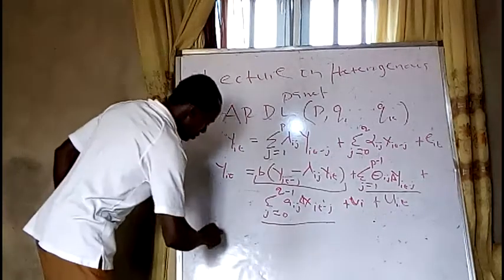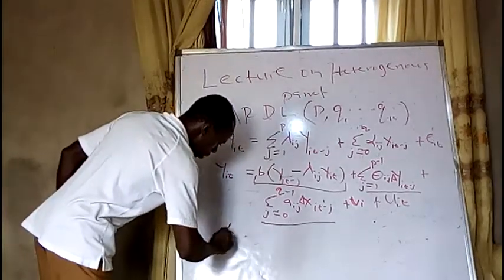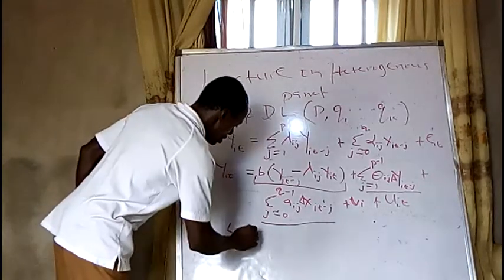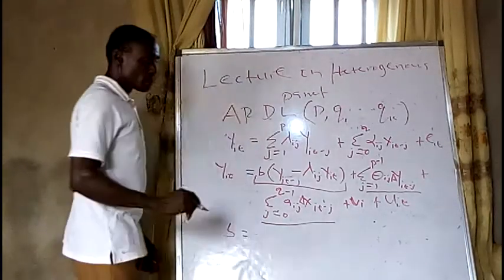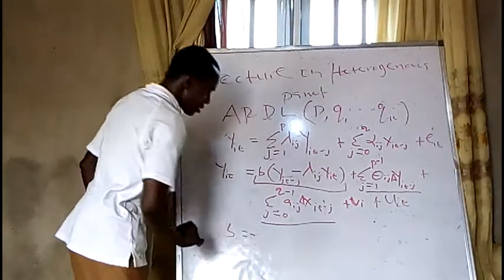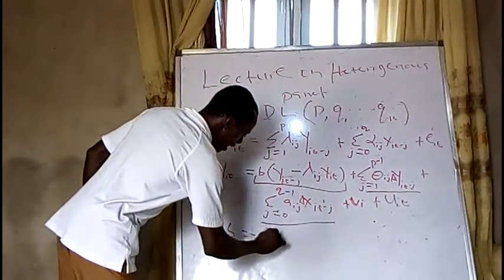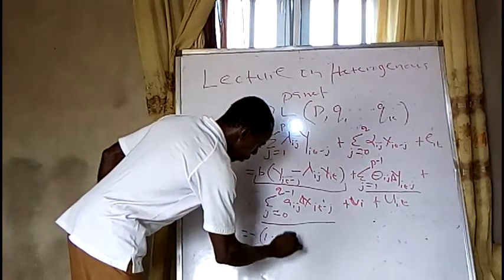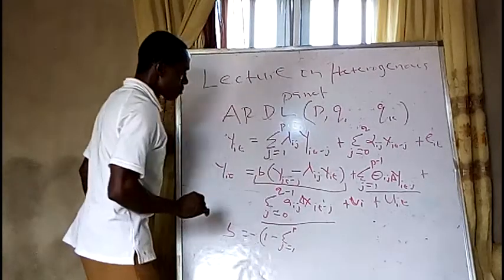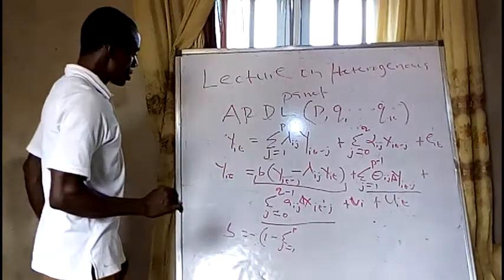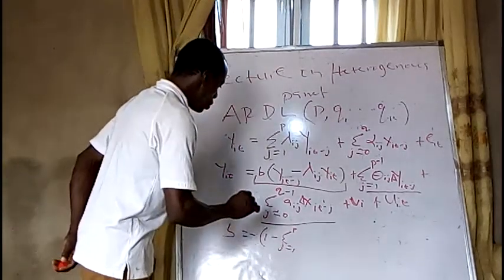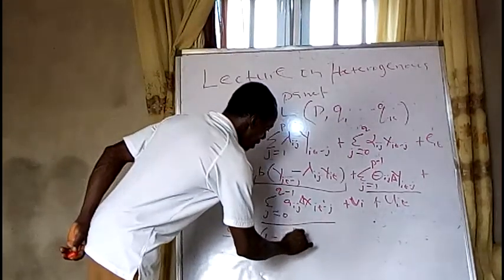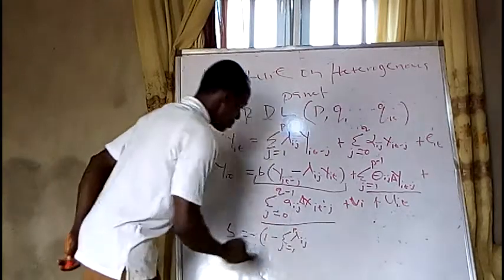Our phi coefficient is equal to minus bracket open 1 minus sigma j taking value from 1 to p, then we have lambda_ij, close the bracket.